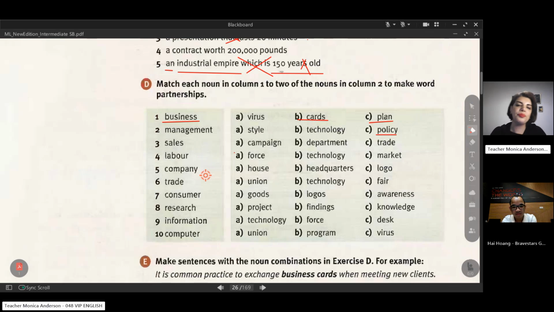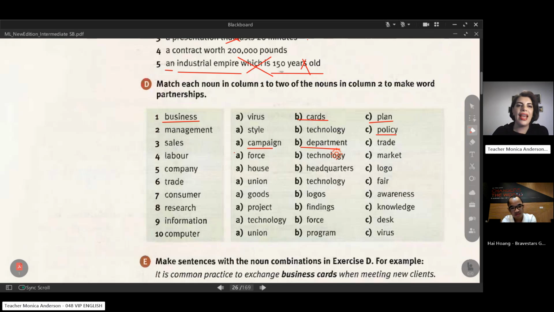Sales force, or sales campaign, and sales department, of course. Sales department.